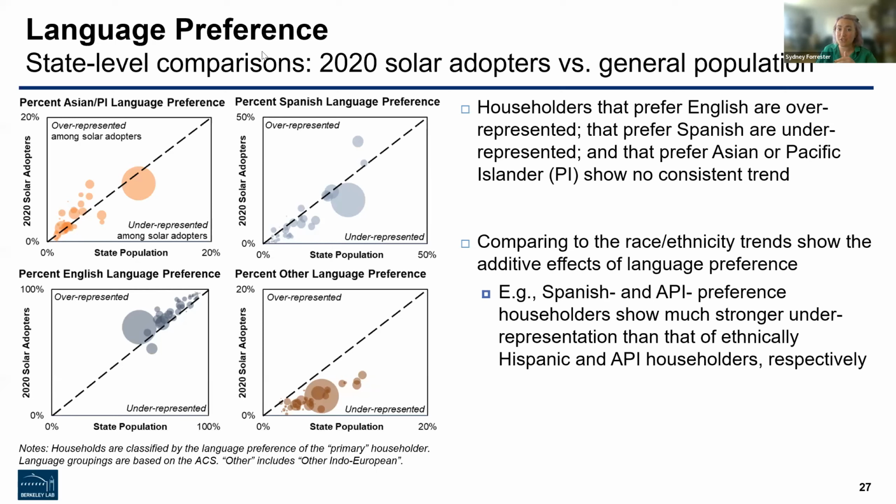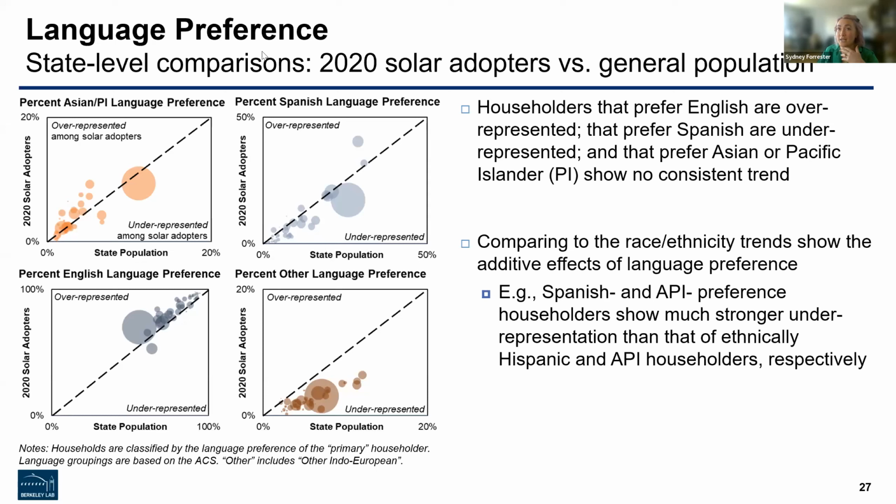And so this actually points out something that we saw with both Asian Pacific Islander and Spanish-speaking householders, where you were essentially less likely to adopt solar if you are a non-English speaker. So if you prefer Asian Pacific Islander or Spanish language, more so than if you are ethnically Asian Pacific Islander or Hispanic.